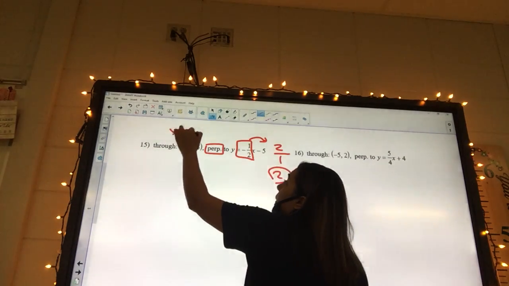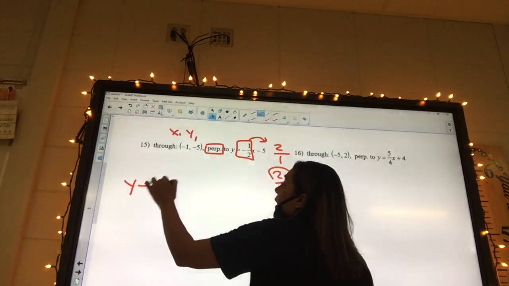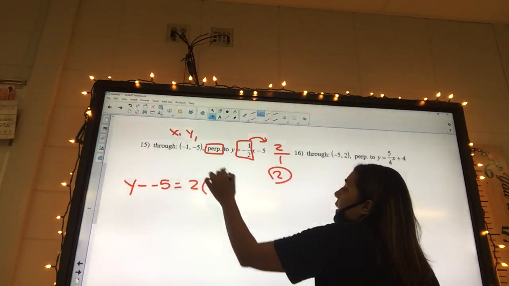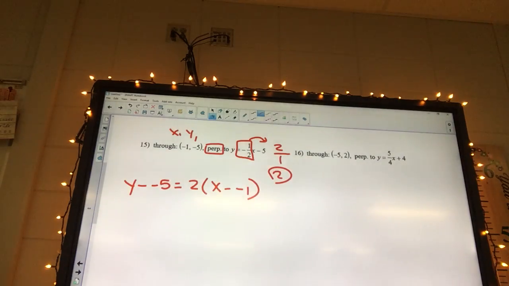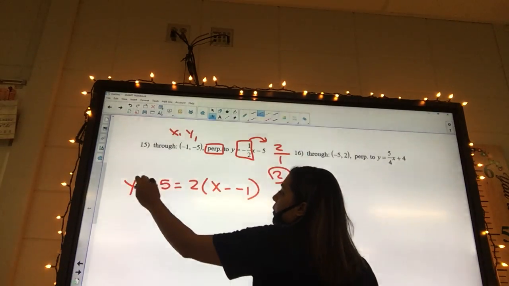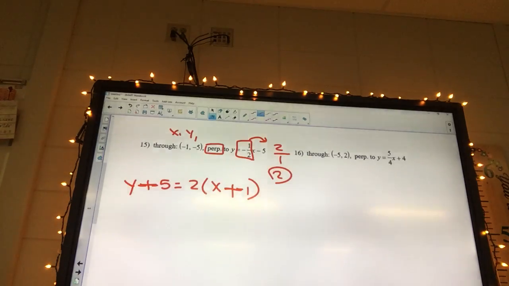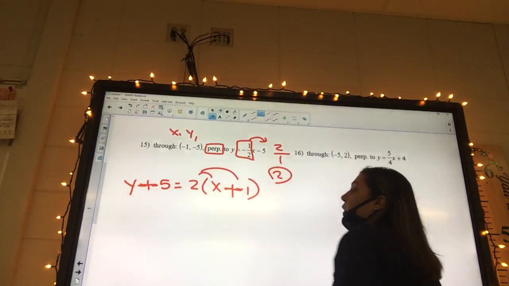So we got y minus, my y1 is negative 5, equals 2 times x minus negative 1. Okay, and then those are minus, minus is plus.